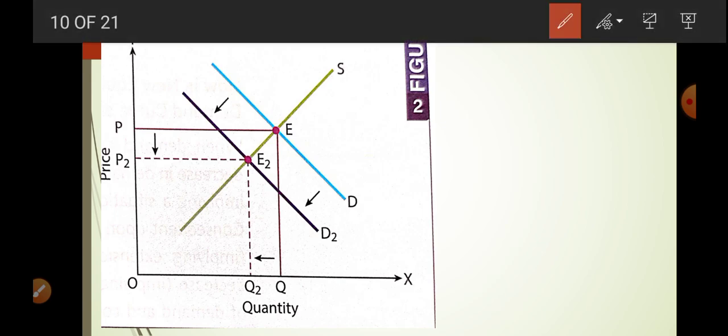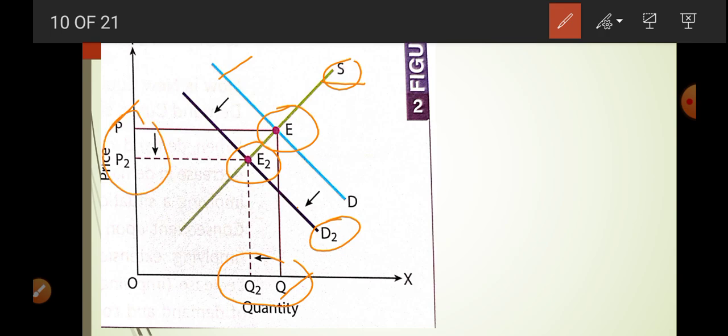Here you can see that initially demand is D, supply is S, and it is intersecting at E point. At that time OQ is quantity, OP is your price. Now demand falls, so it becomes D2. Now this demand curve intersects the supply curve at E2 point, so quantity falls, it becomes Q2, and price also falls and becomes P2.